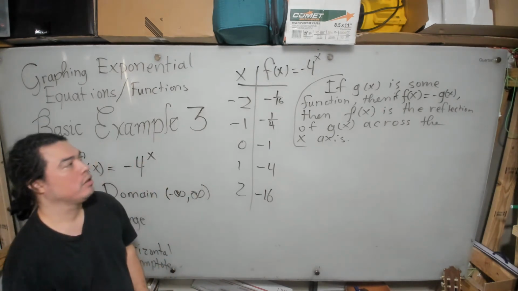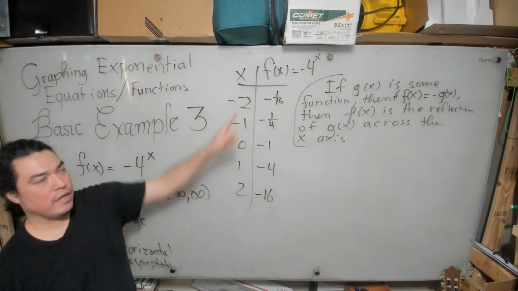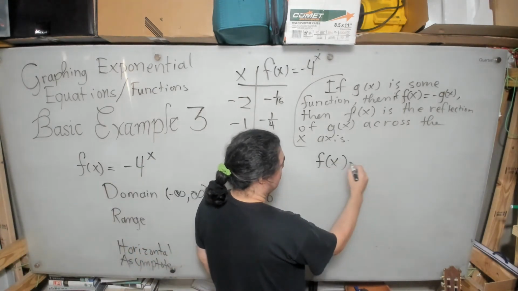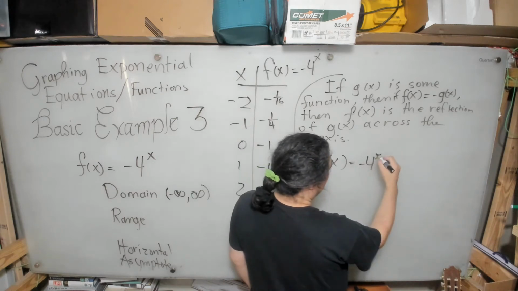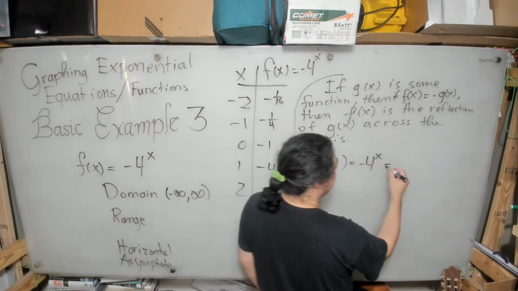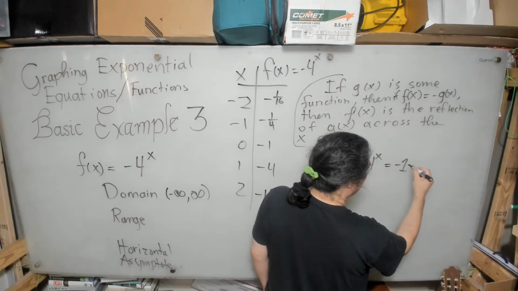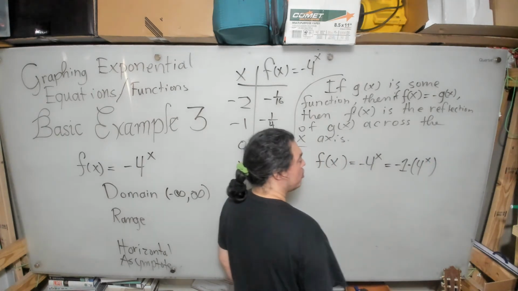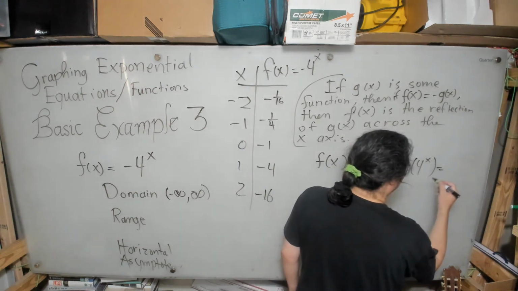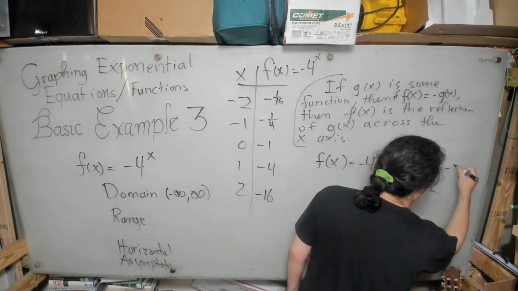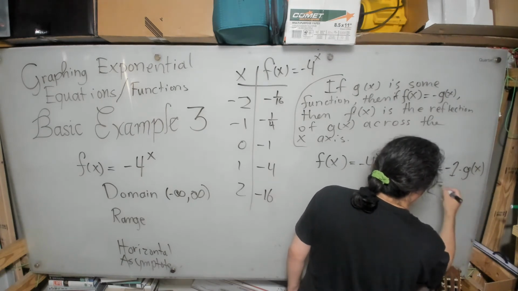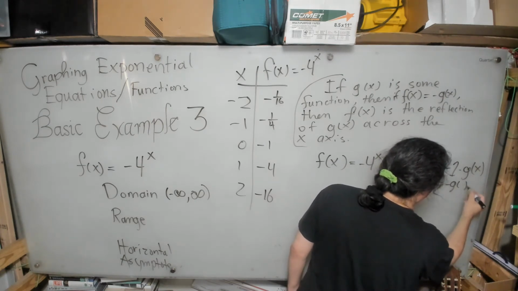Okay. So look, f of x is negative 4 to the x. And from our discussion, we know that this is actually the same thing as negative 1 times 4 to the x. So if we let g of x equal 4 to the x, then it would be negative 1 times g of x, or in other words, just negative g of x.